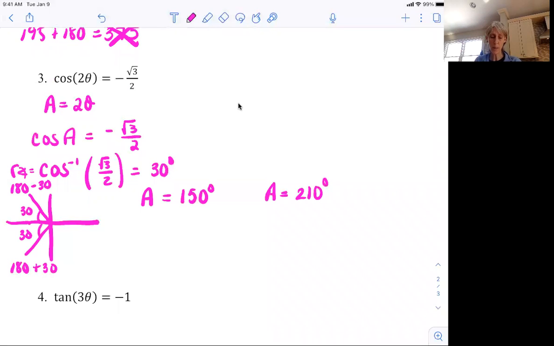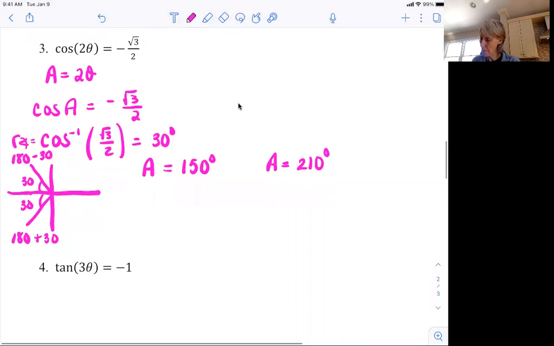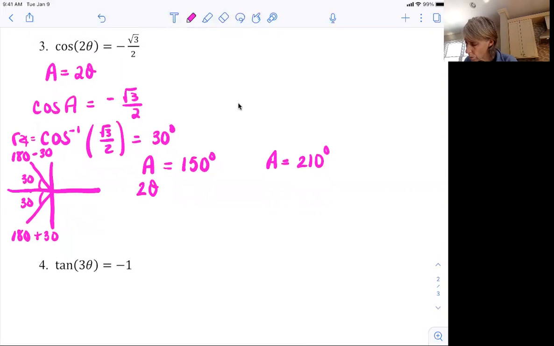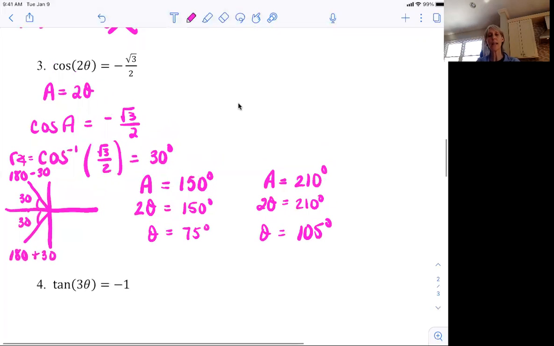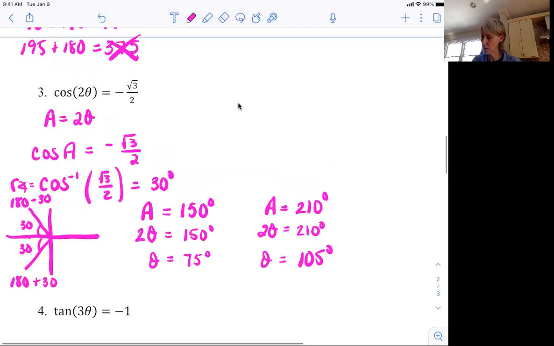But once again, remember, we're not solving for A. A is really 2 theta. So if 2 theta equals 150, then theta equals 75. If 2 theta equals 210, then theta equals 105. And the last step of this problem is just getting any repeated solutions that are within 0 and 360 degrees.